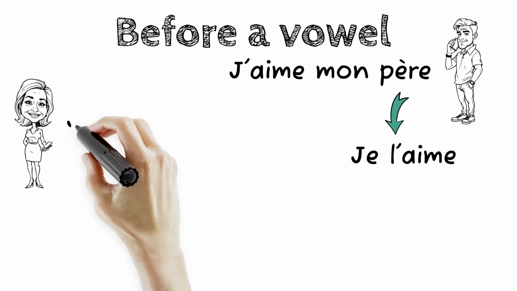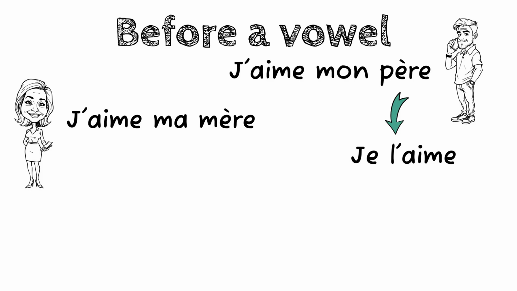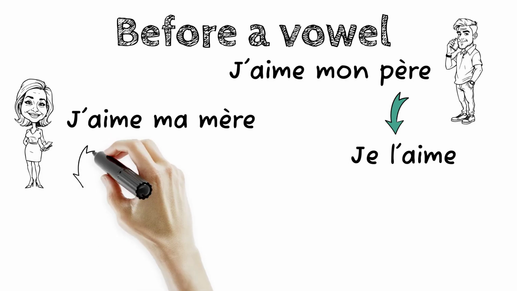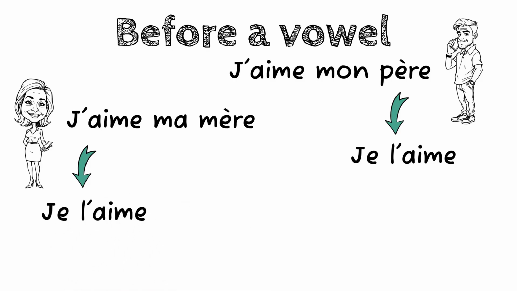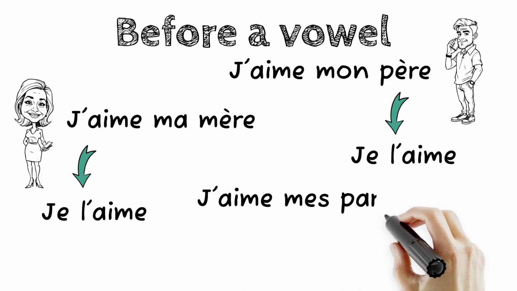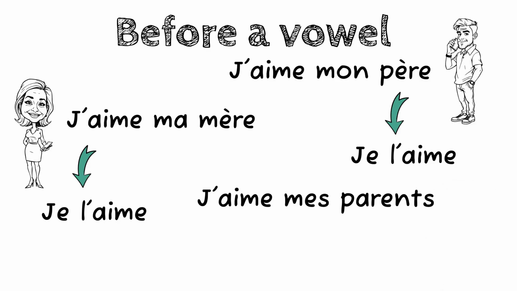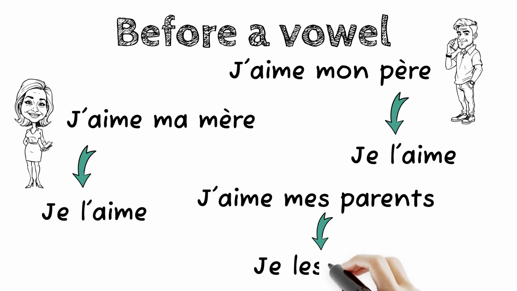Similarly, if we want to say I love her, so j'aime ma mère, her would be la, but because we've got the two vowels together again, we're going to drop the a, and just like I love him, it is je l'aime. If we want to say I love my parents and make that into I love them, j'aime mes parents, this time our direct object pronoun is les, and there's no elision before a vowel, so we just keep it, je les aime, but we pronounce the S, we make a liaison.